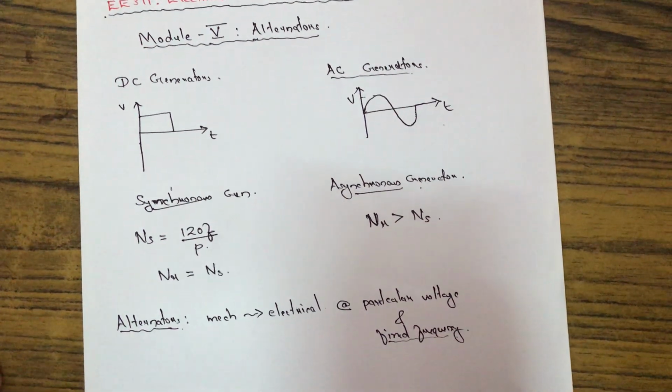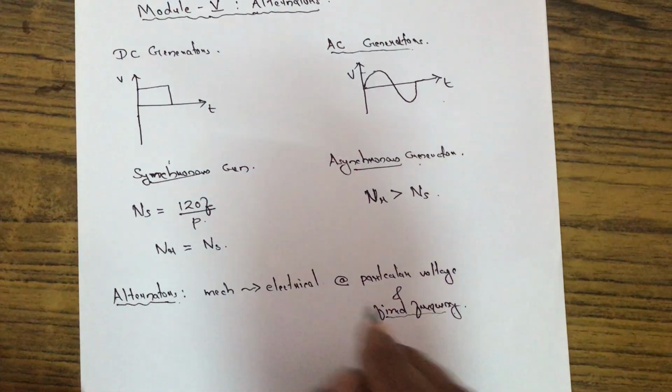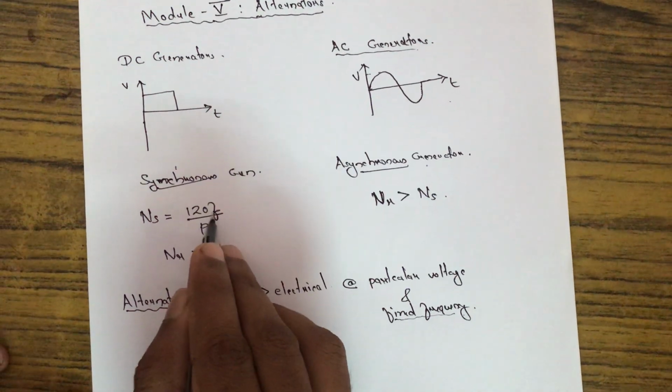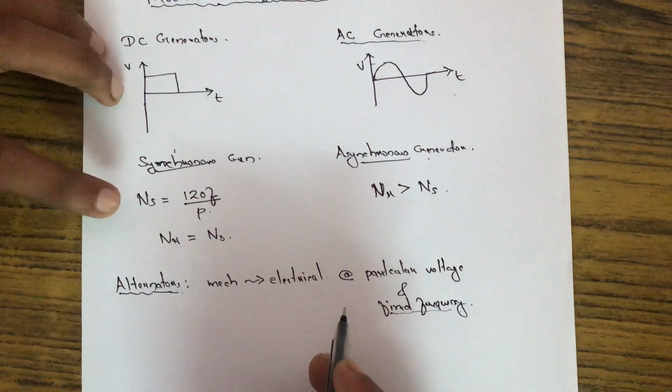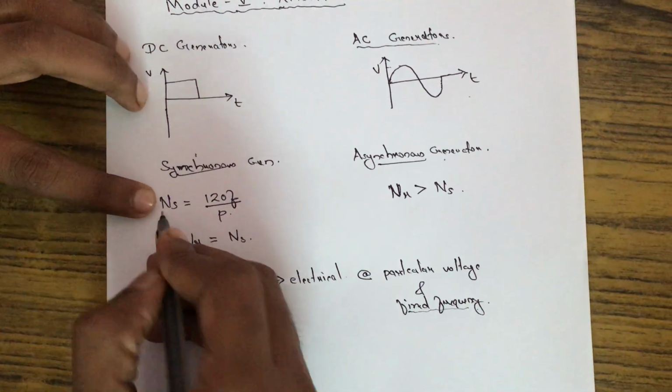In order to generate at a fixed frequency, from this equation, in order to keep the frequency a fixed value, we have to keep the speed of the machine at a fixed value, that is, the alternator will be running at synchronous speed.